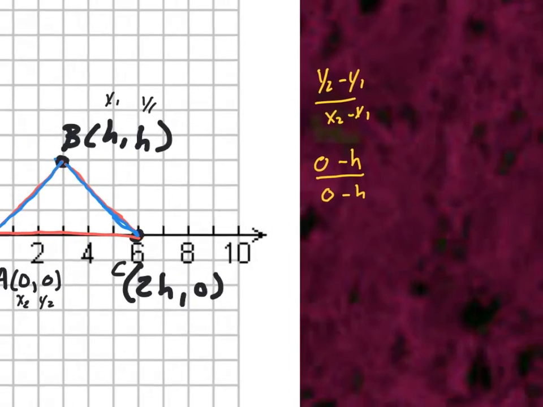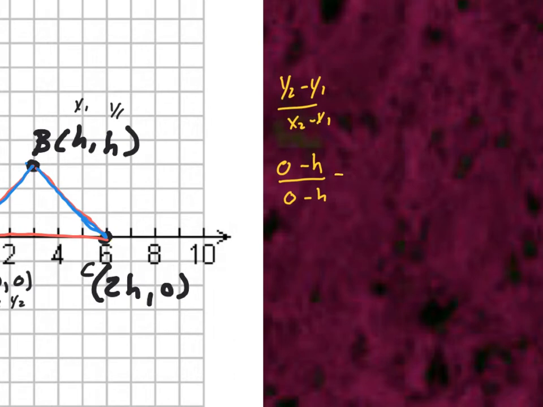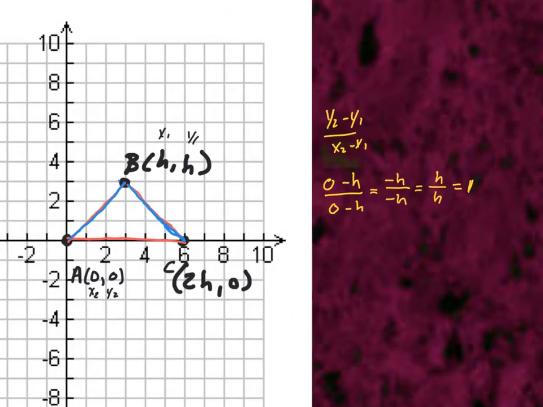Right there, if you take 0 and subtract h, we just end up with negative h on top, and 0 minus h on the bottom, we would end up with negative h. Well, a negative over a negative will always be a positive, so we get h over h. And remember, anything over itself, as long as that denominator isn't 0, because we can't divide by 0, will always equal 1. So the slope of that line there is 1.